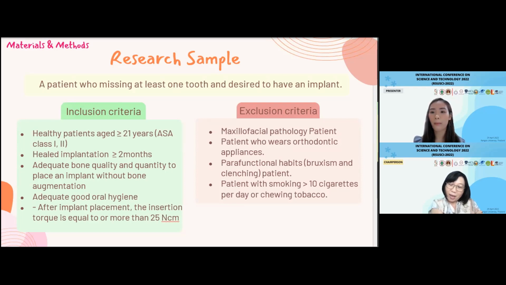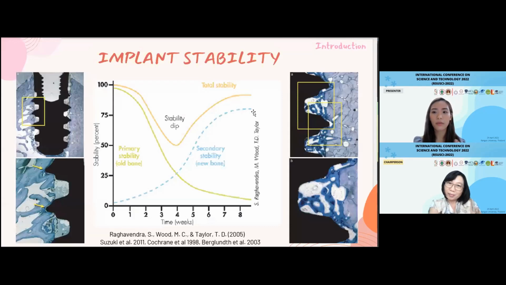Why did you choose 6 weeks as the time point for the evaluation of ISQ? From the graph I showed you, the average week of the stability dip is 4 weeks, and research shows that with early loading at 6 weeks, the implant has a good survival and success rate.